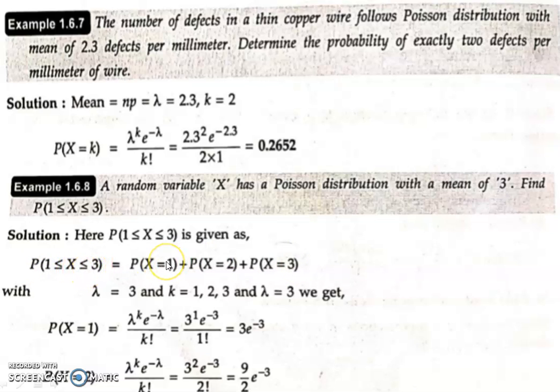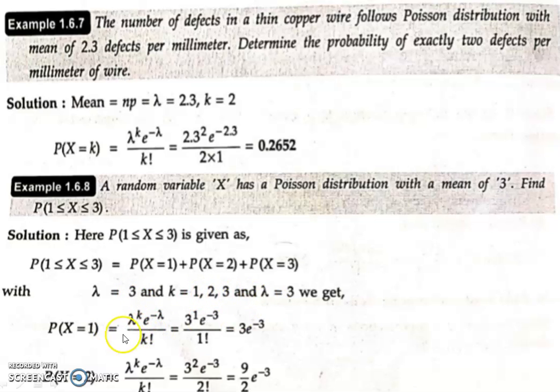Therefore it is the sum of the probability at x equal to 1, x equal to 2 and x equal to 3, where the mean is given as 3. Therefore lambda, which is equal to np, equals 3.